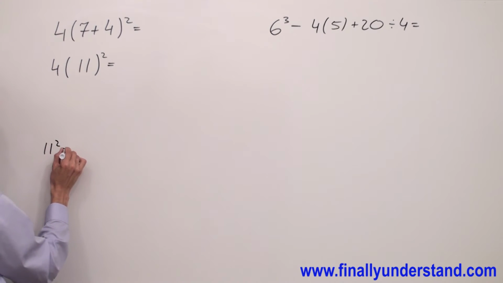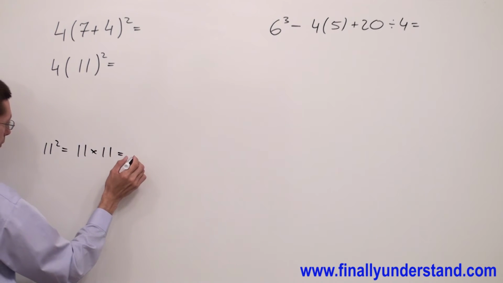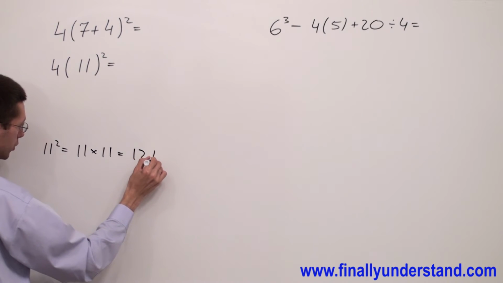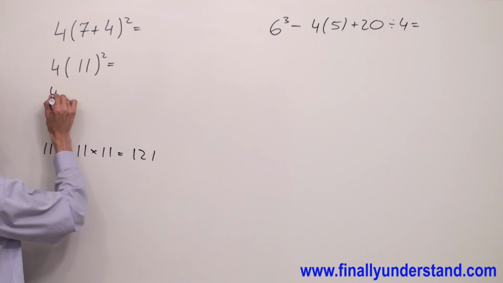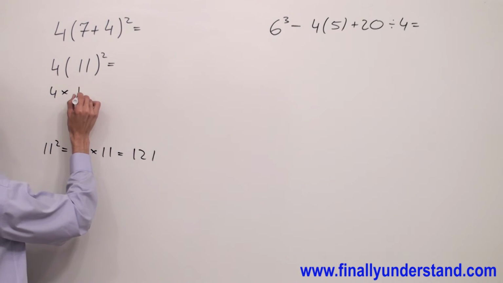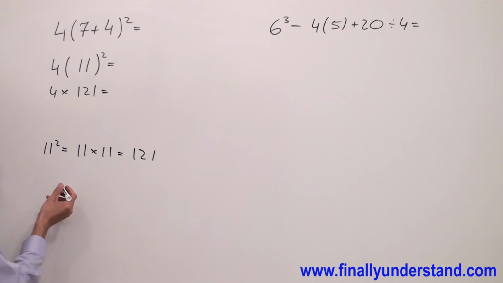11 to the second power you can rewrite as 11 times 11, which is equal to 121. So I have 4 times 121. How much is it? Let's calculate.